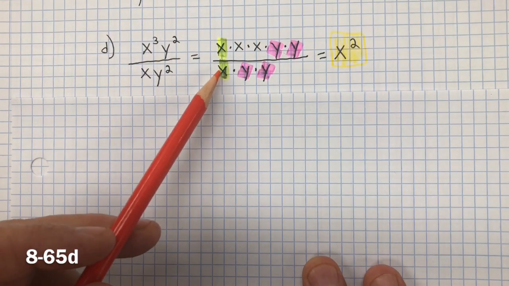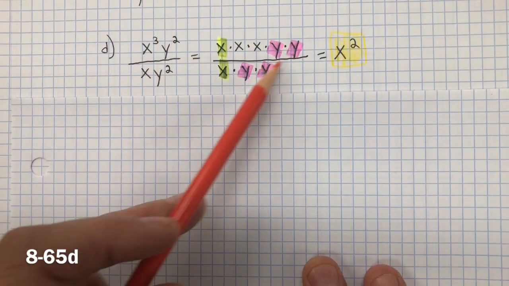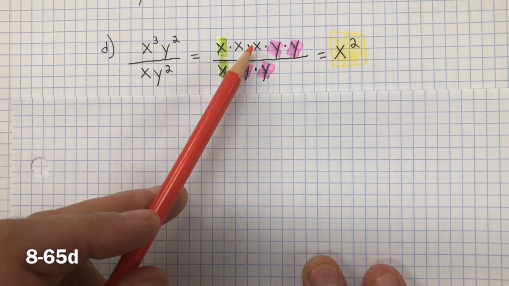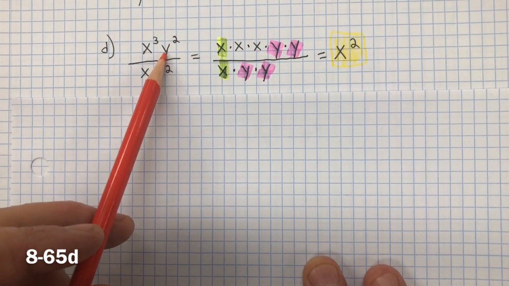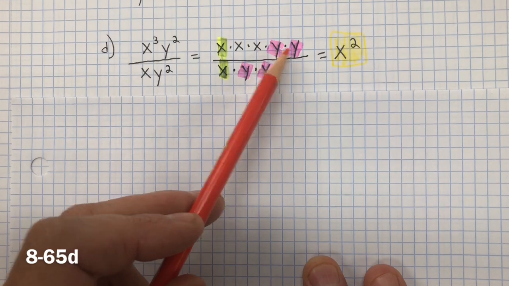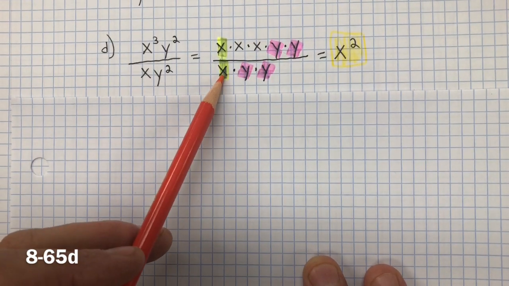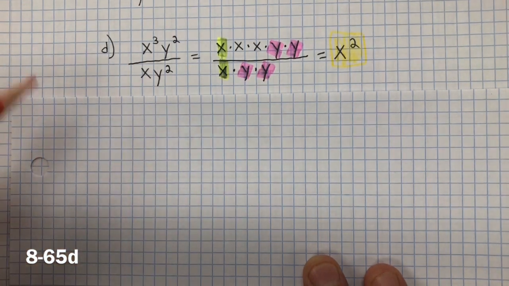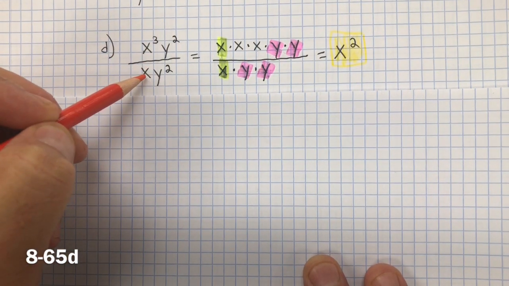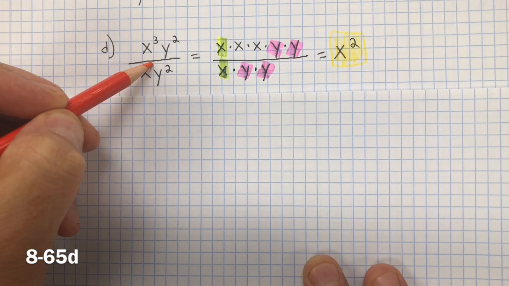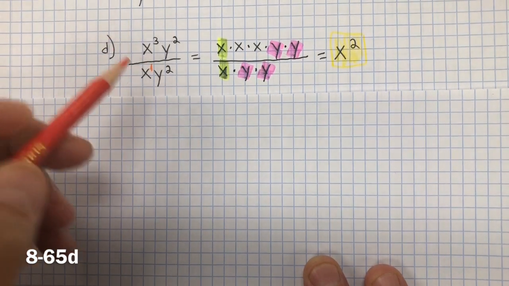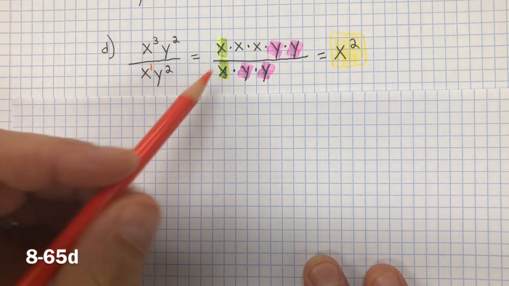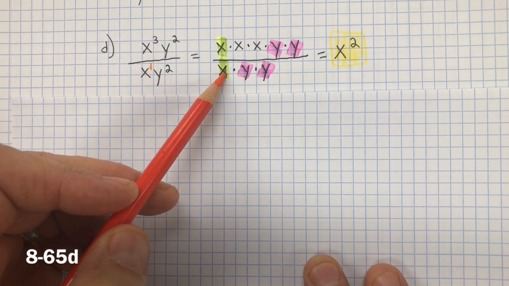In D, I started by putting it in factored form. So x to the 3rd is x times x times x, multiplied by y to the 2nd, y times y, over y to the 1st times y to the 2nd. And if you don't have an exponent there, you can put a 1 there, because x to the 1st is just x, and we have 1x there.